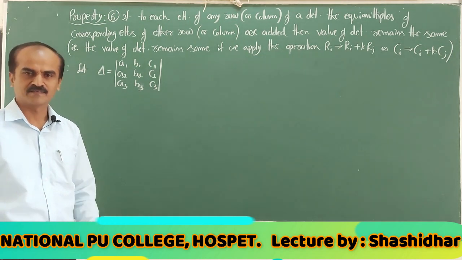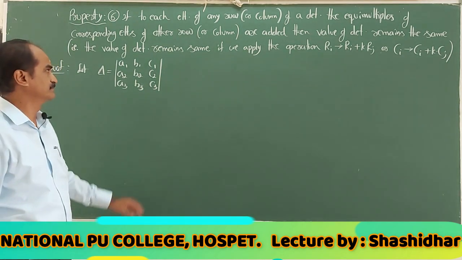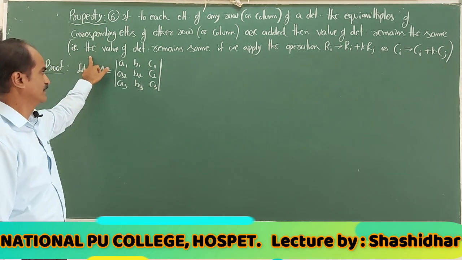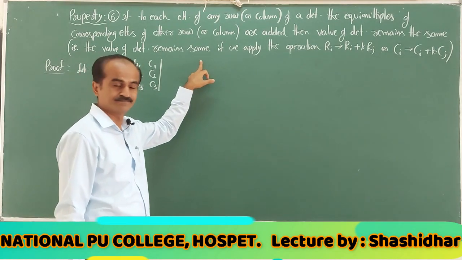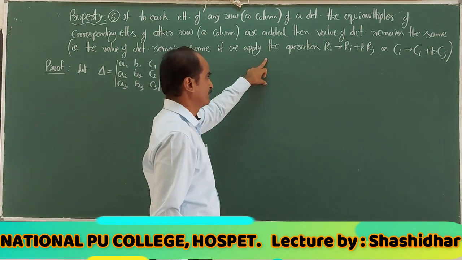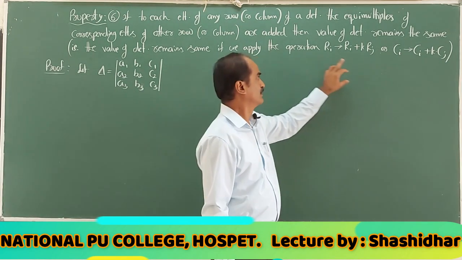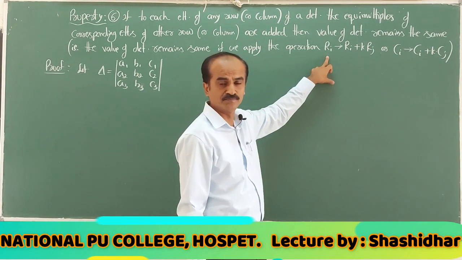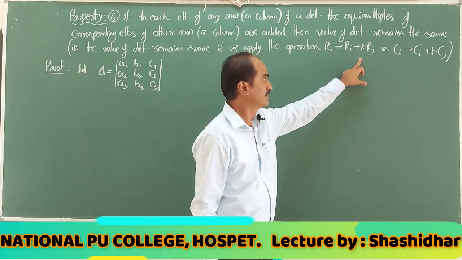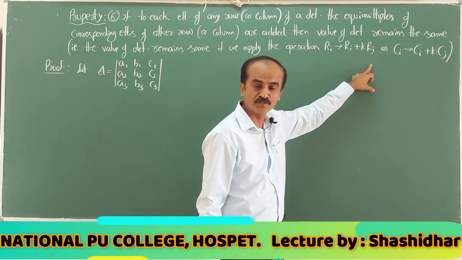An equivalent statement, a very simple one for understanding's sake: the value of a determinant remains the same if we apply row or column operations. The ith row changes to the ith row plus k times the jth row elements.